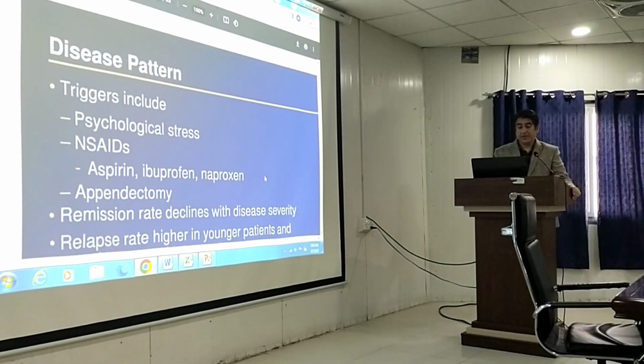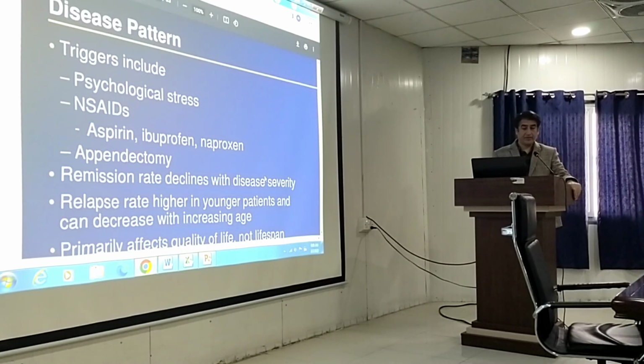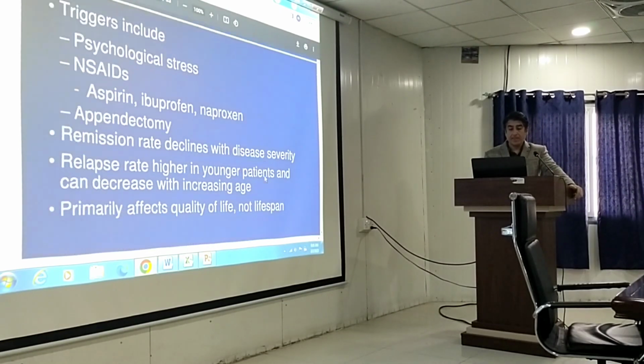Triggers include psychological stress, as we discussed earlier, NSAIDs, aspirin, ibuprofen, naproxen, and appendectomy. The remission rate declines with disease severity, and the relapse rate is higher in younger patients and can decrease with increasing age. It primarily affects quality of life, not lifespan.